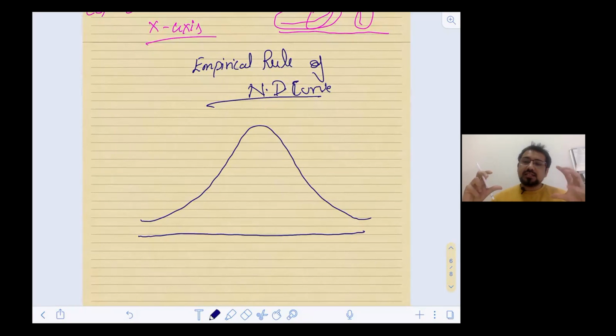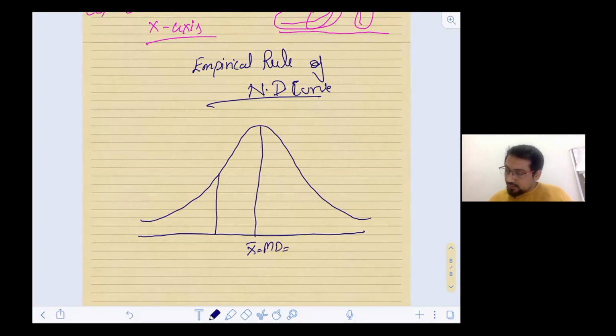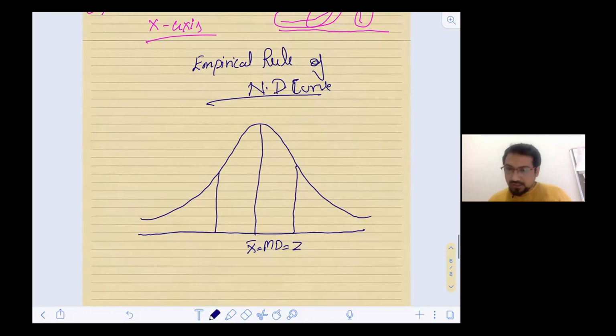They defined that curve and divided this curve into different parts, or what we call space. For example, this is the mean, right or not? So here mean, median and mode all are equal, right? And this is the standard deviation, that is how far you are from the mean. So this is SD, yes or not?